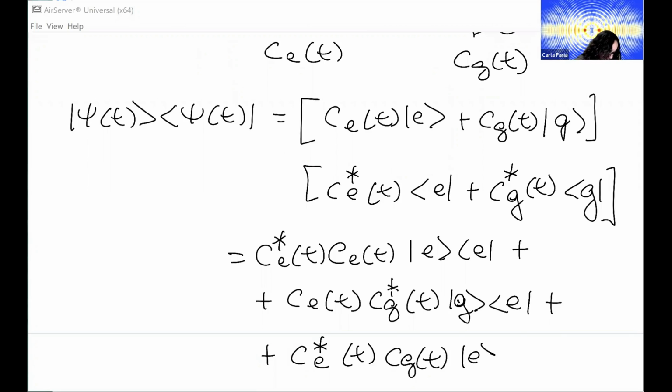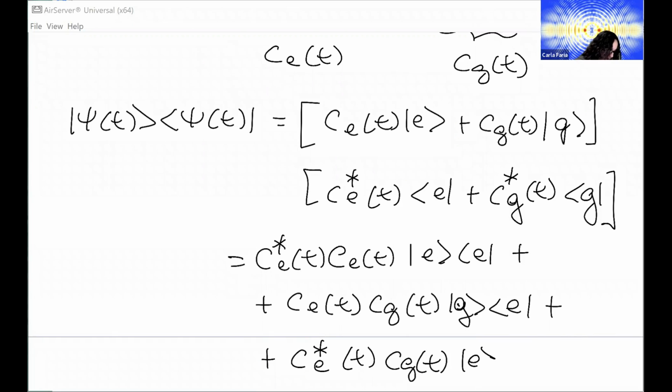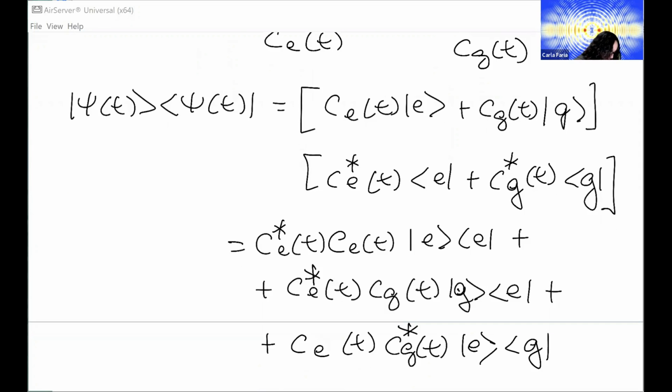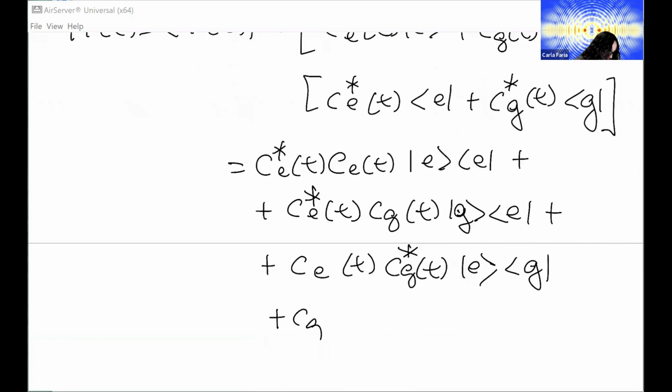So here is the star because I'm taking the bra. And the star is going to be here. Okay, good. Plus c_g star(t) c_g(t) |g><g|.